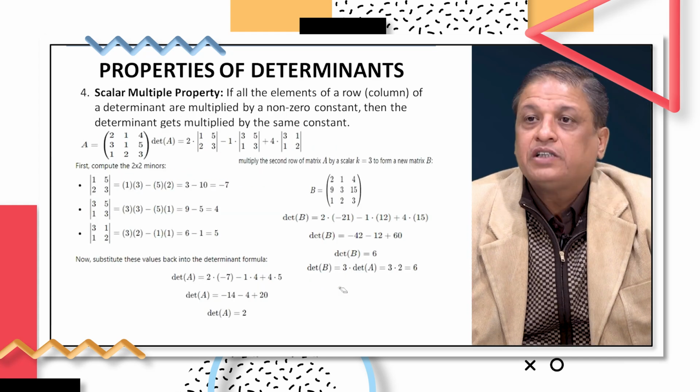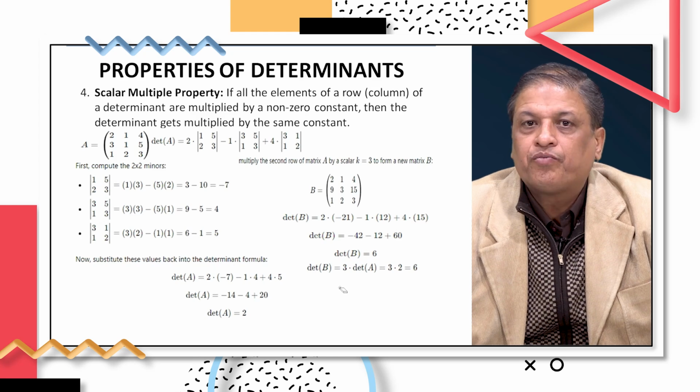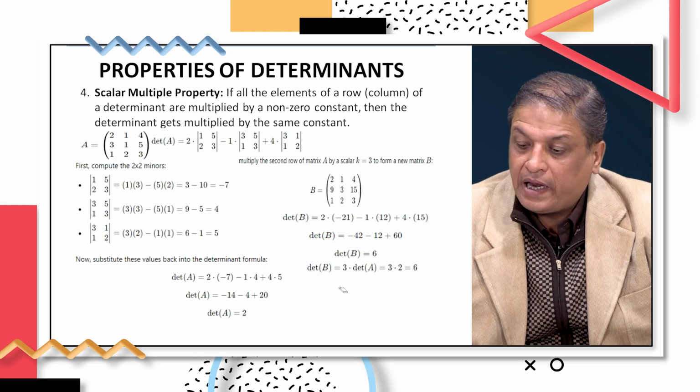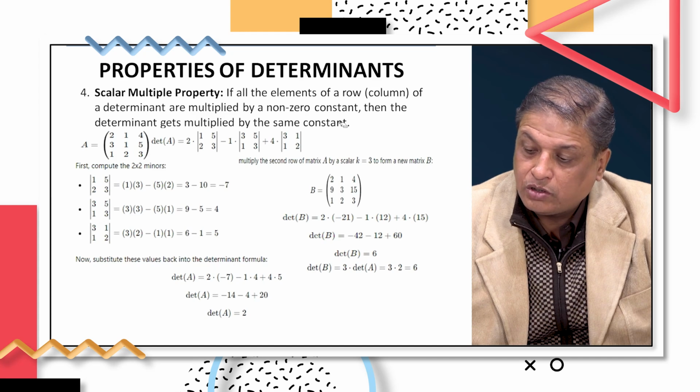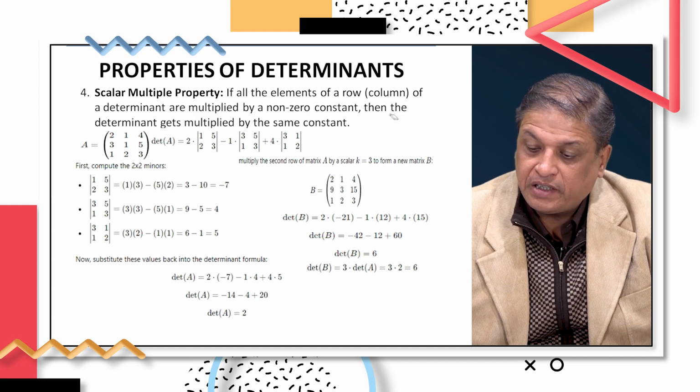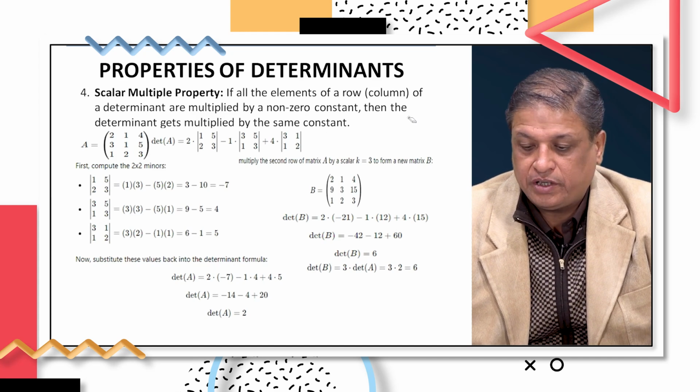The next property is the scalar multiple property, which states that if all the elements of a row or column of a determinant are multiplied by a non-zero constant, then the determinant gets multiplied by the same constant.